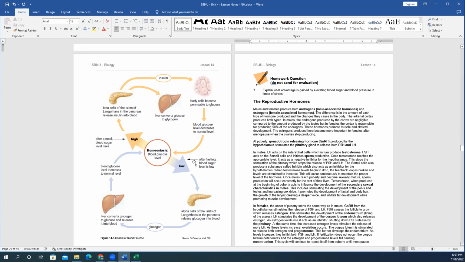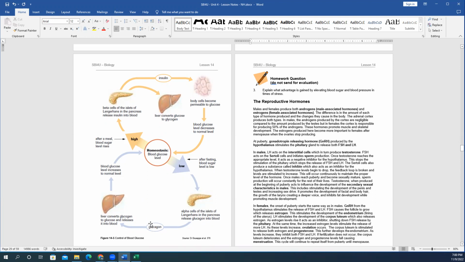In contrast, when you have low blood glucose levels, such as after a period of fasting or exercise or some strenuous activity, you will then have the production of glucagon from the pancreas. This time, this is by the alpha cells of the islets of Langerhans, and this glucagon gets released into the blood.